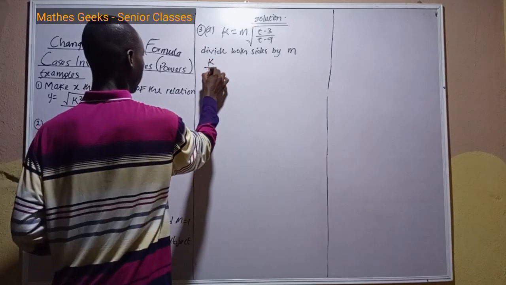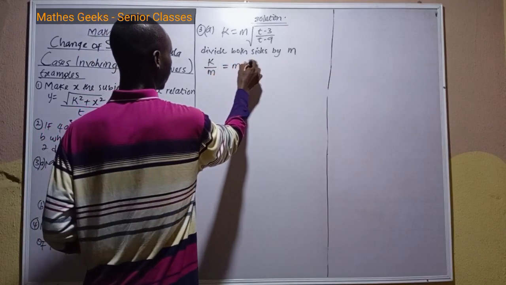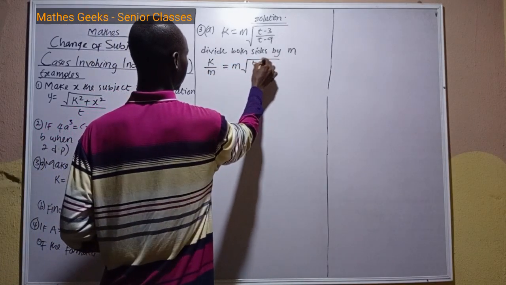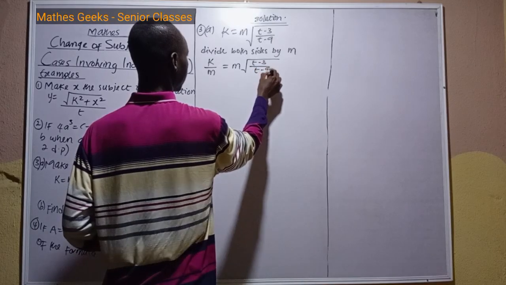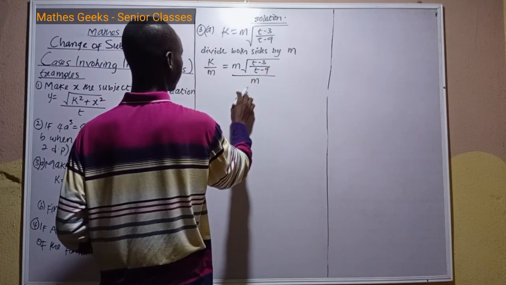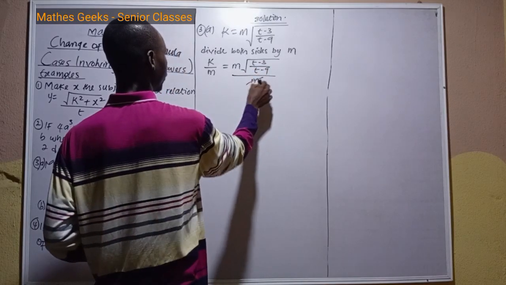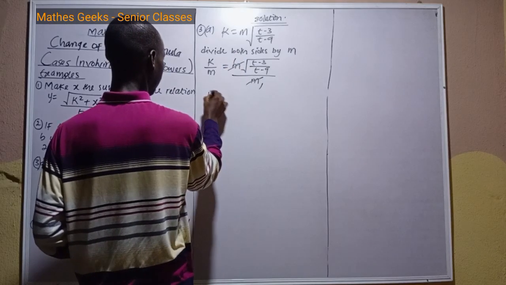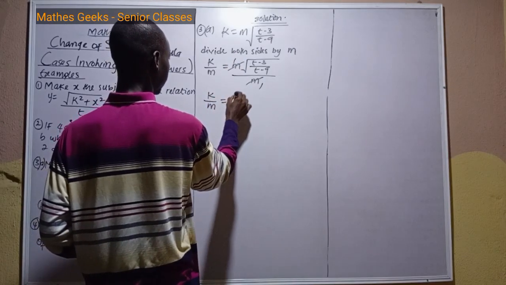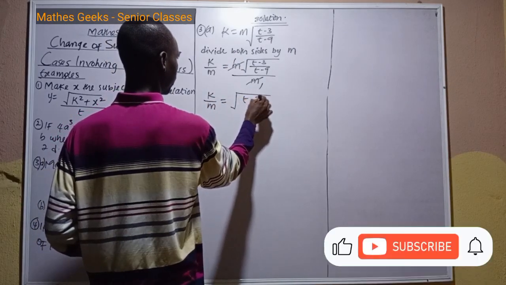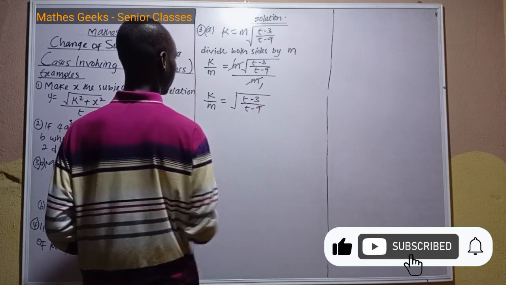Here we have k over n equals the square root of (t minus 3) over (t minus 9).